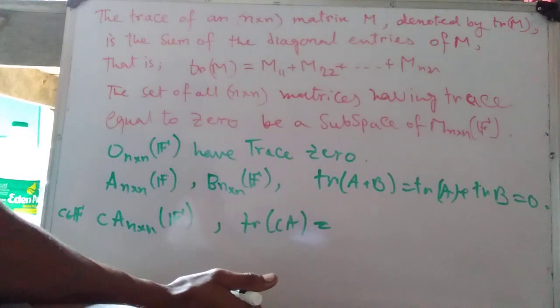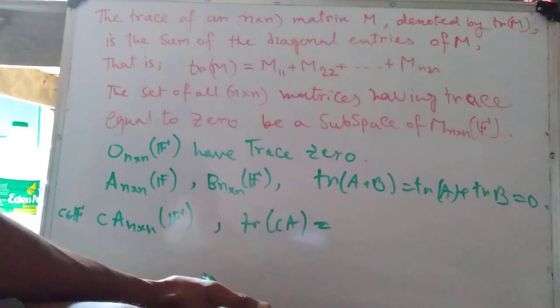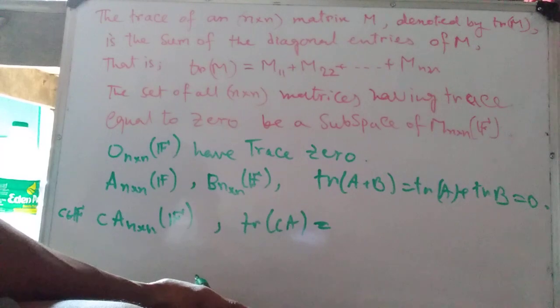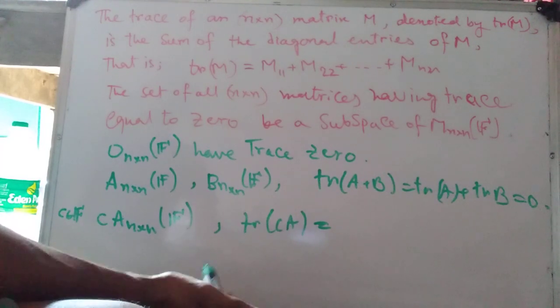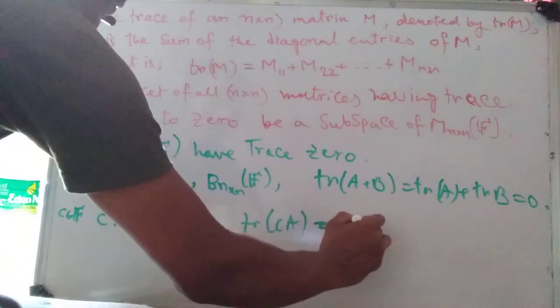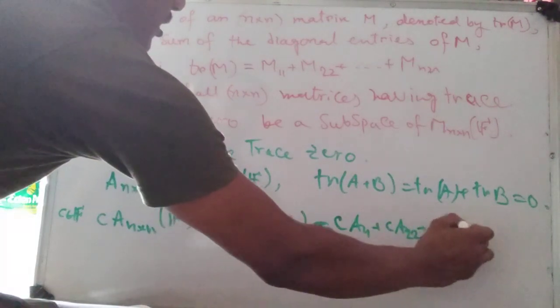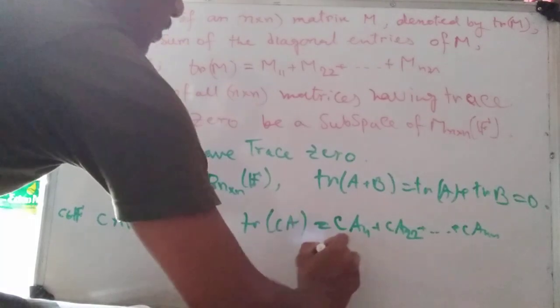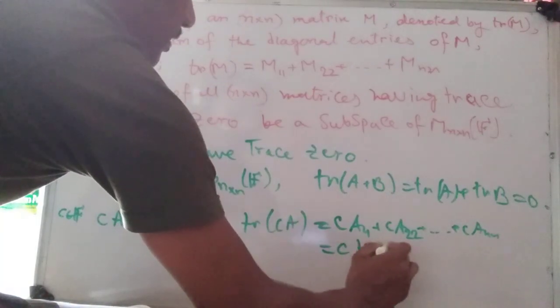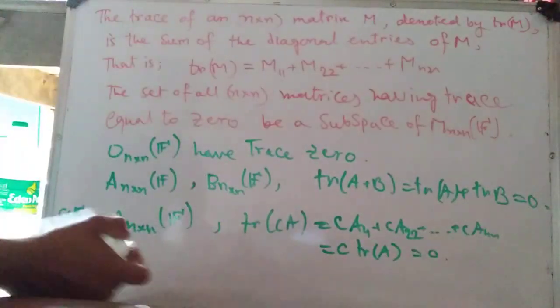The trace of ca is the sum ca11 plus ca22 up to cann. Taking c common, it is c times trace of a, which equals 0. Understood?